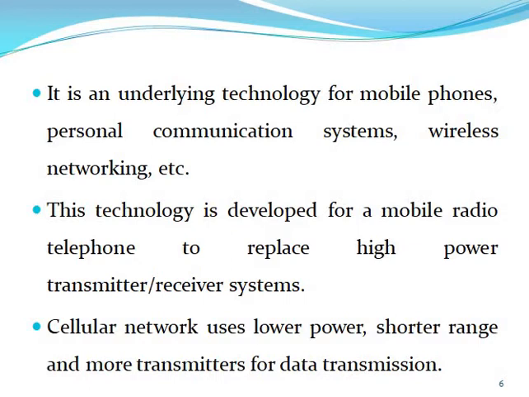A cellular network uses low power, short range, and multiple transmitters for data transmission. So what is the main use of the cellular network? It is used for low power, short range, and multiple transmitters for data transmission. This is the main aim of the cellular network.